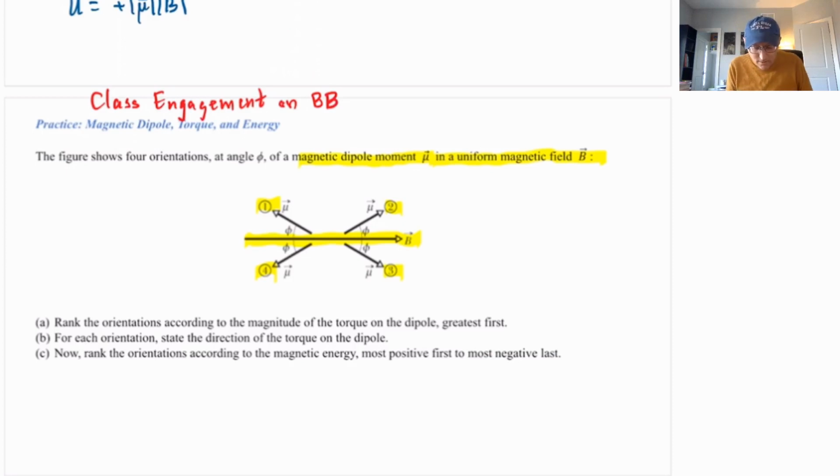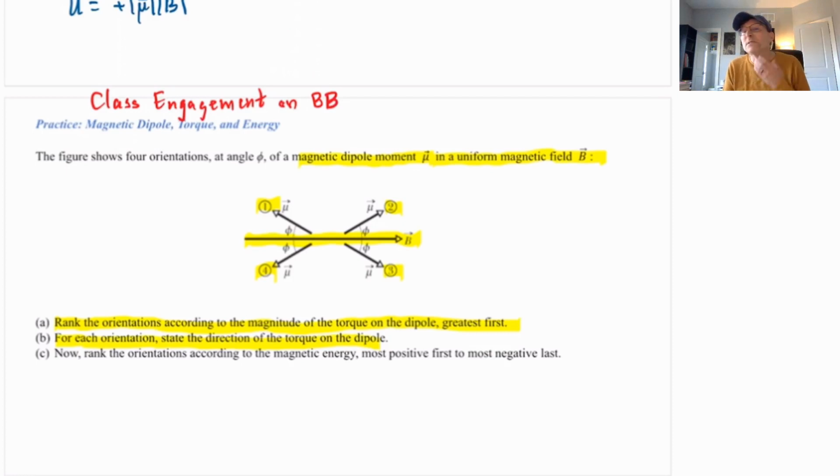Part A. Rank these 4 orientations according to the magnitude of the torque on the dipole, greatest to smallest. Okay? Magnitude of torque. B. For each of the orientations, state the direction of the torque on the dipole. And your options are either into the screen or out of the screen.